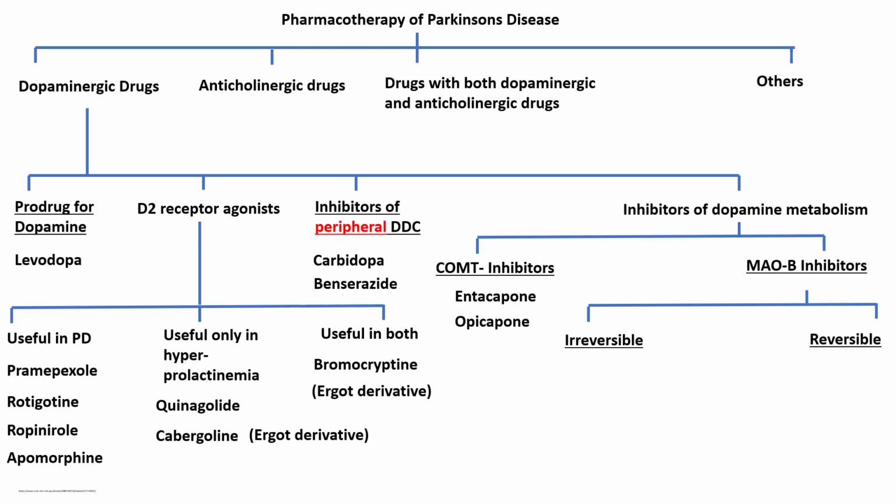Examples for irreversible MAO-B inhibitors include selegiline and rasagiline, while the example for a reversible MAO-B inhibitor is safinamide.